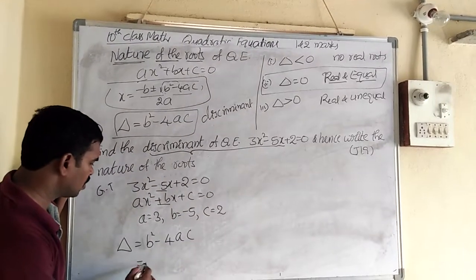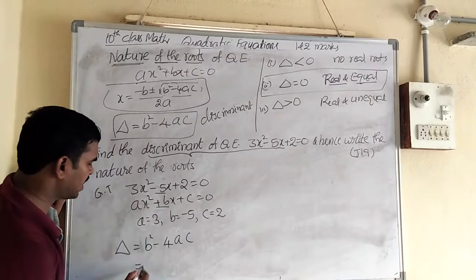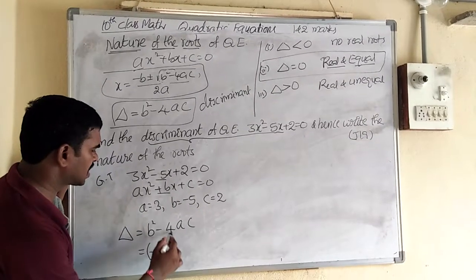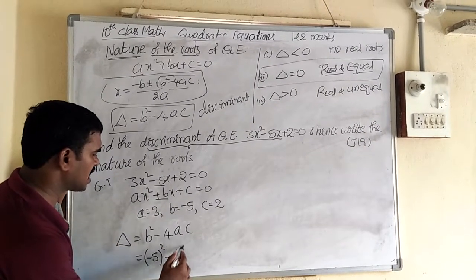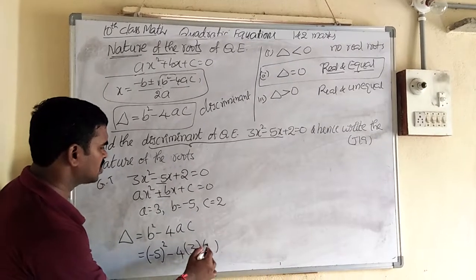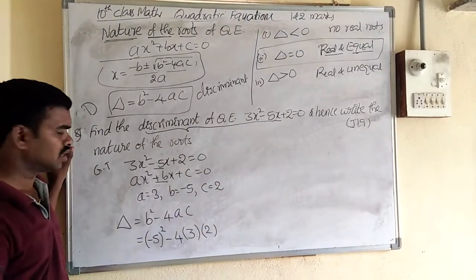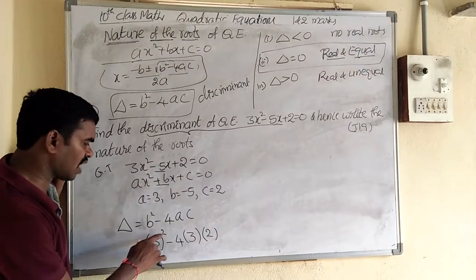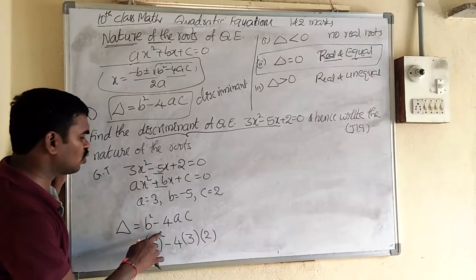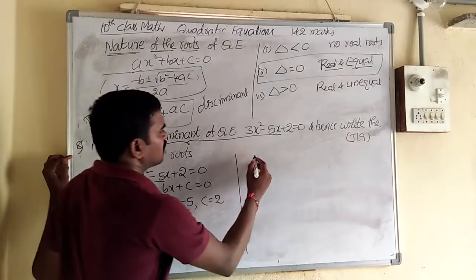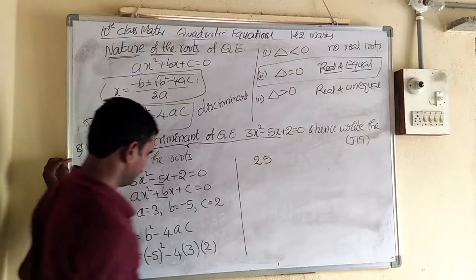Now substitute. The b value is minus 5, so minus 5 whole square. Next minus 4, next a, which is 3, next c, which is 2. Minus 5 whole square means minus 5 into minus 5, which is plus 25.